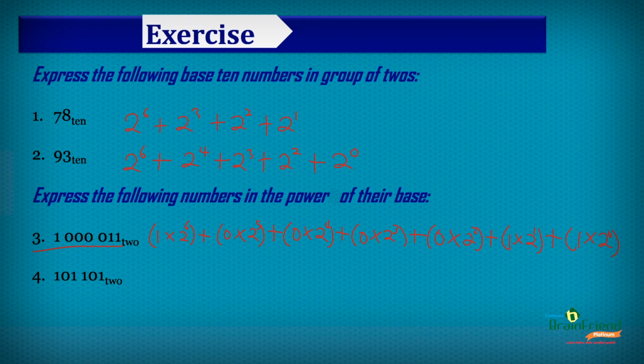And for the last exercise, 1, 0, 1, 1, 0, 1. We have 1 multiplied by 2 plus 0 multiplied by 2 plus 1 multiplied by 2 plus 1 multiplied by 2 plus 0 multiplied by 2 plus 1 multiplied by 2.